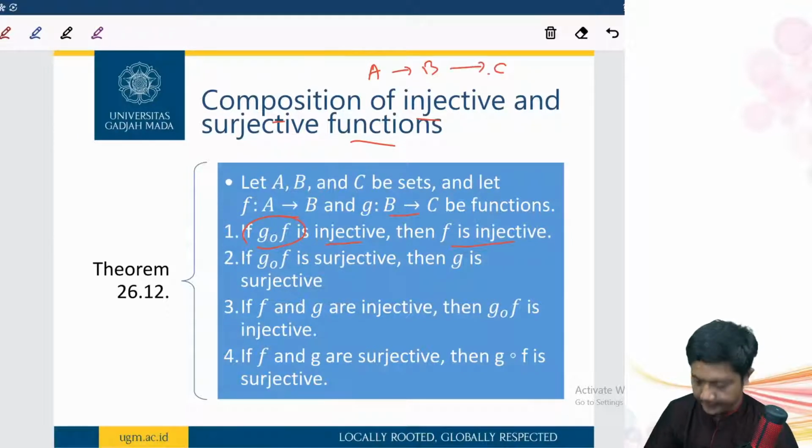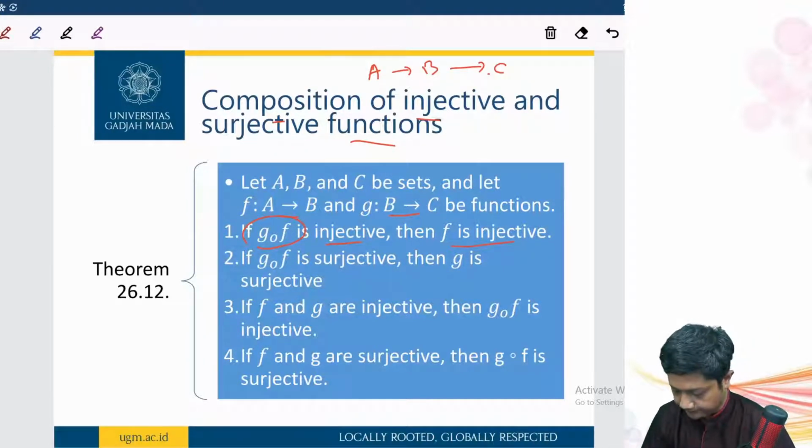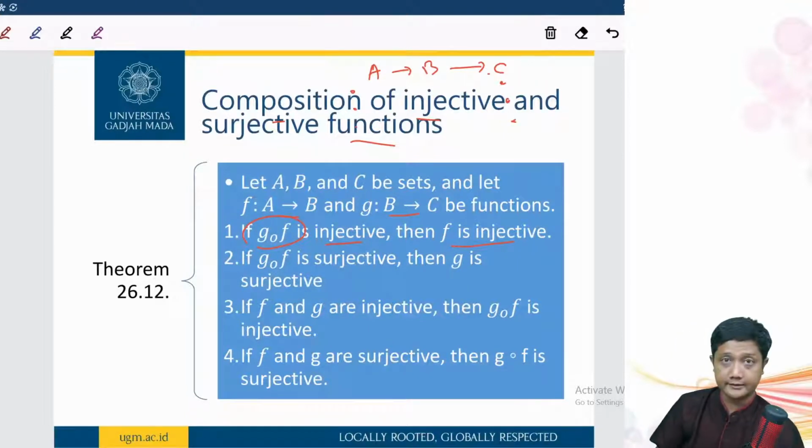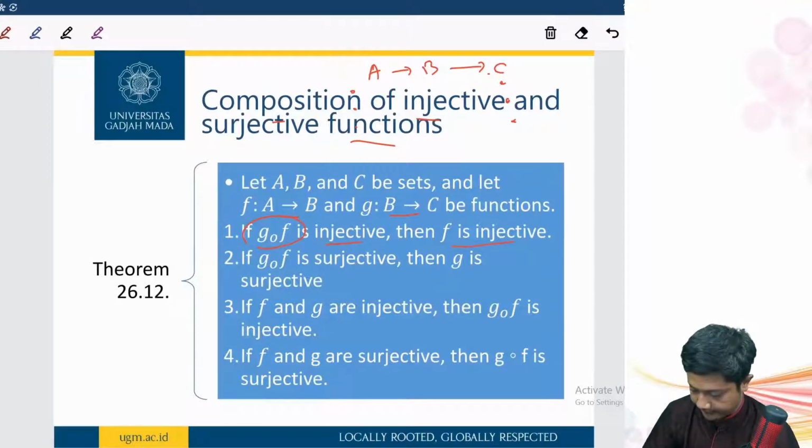G∘F is injective. So from here to here, we have a one-to-one function. Okay, so that can only happen when everything here goes to here, also one-to-one.